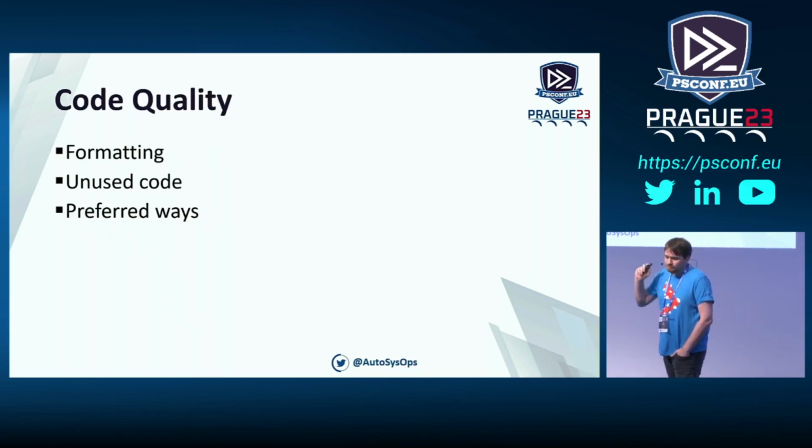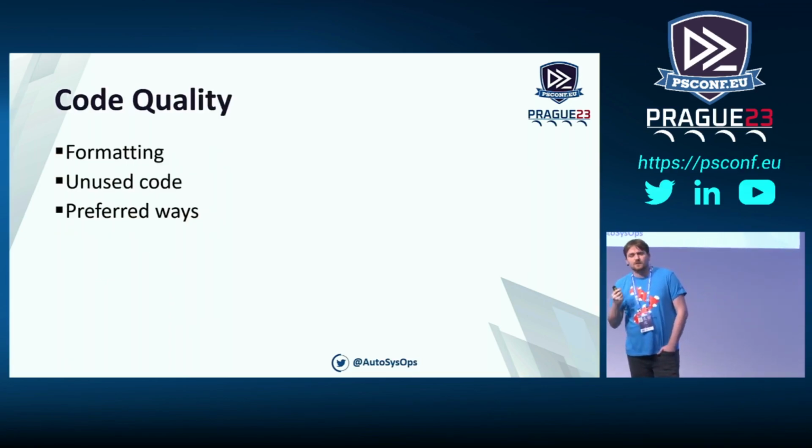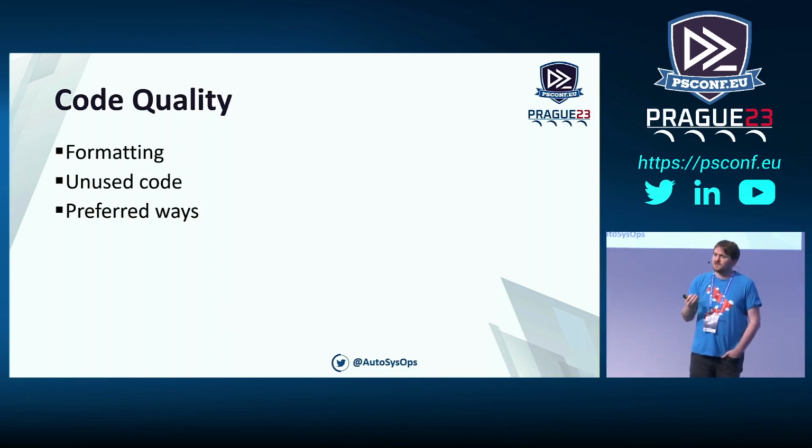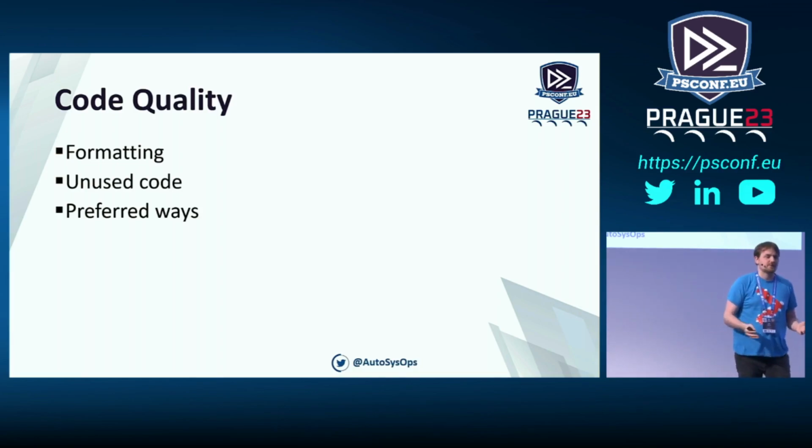So before this, let's talk a little bit about code quality, because it says in the title, we're going to test our code quality. But what actually is code quality? Code quality doesn't really say anything about if the code is working or not. This we test with unit testing and so on.